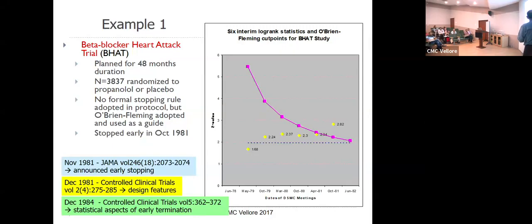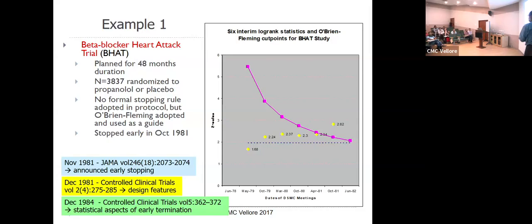And when they published the result, it became very controversial. This was in 1981, and the study was going to end in 82. But when they published this, it was in the newspapers because it was a very important study.